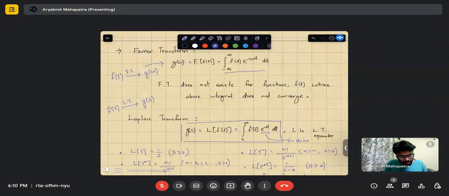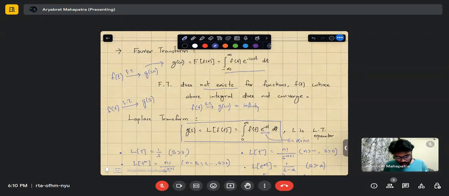Introducing this kind of complex domain variable helps to resolve specific problems. For example, Fourier transform does not exist for functions f of t whose above integral does not converge. In certain Fourier transforms, when you do the Fourier transform of f of t, this g of omega will not converge. That means it would be infinity.